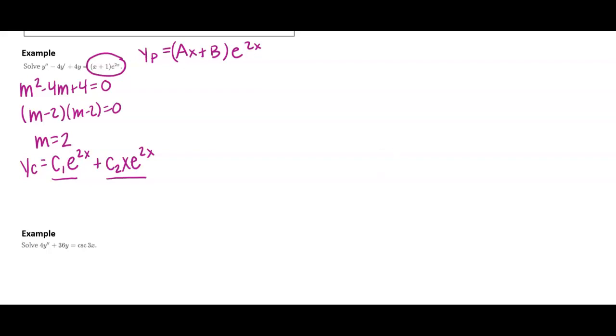And so then another solution that we might look at is a quadratic times e to the 2x. And I could keep guessing and going and going. It actually turns out that this isn't going to work at all. We're not going to be able to solve for A, B, and C. So we would need to keep going. So this provides another method rather than the guess and check method for us to find our parts for YP.